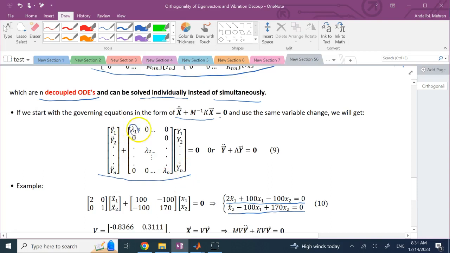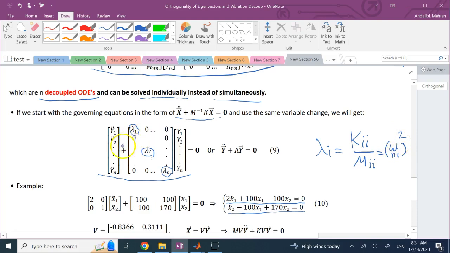where each one of these lambdas is kii divided by mii. These are the same as omega i squared, where omega is omega ni, the natural frequency.